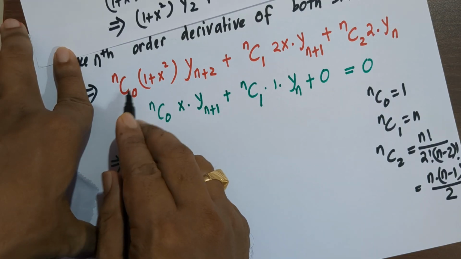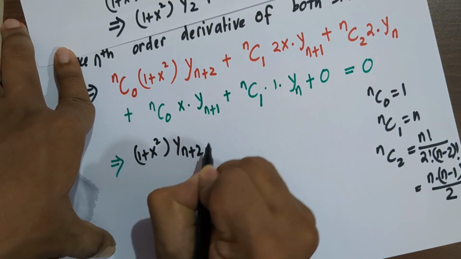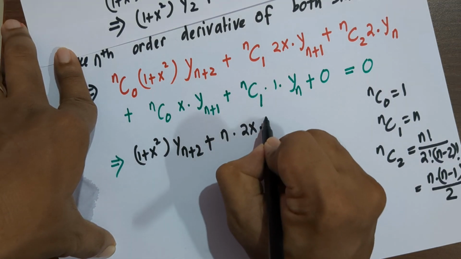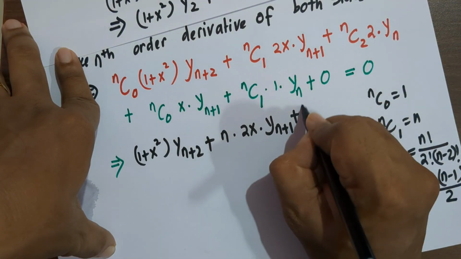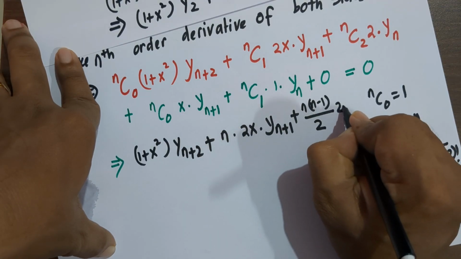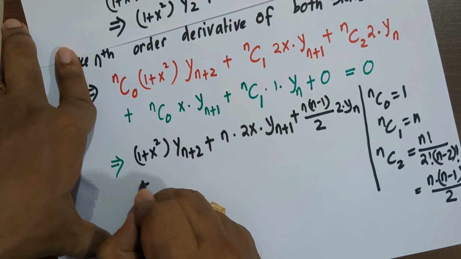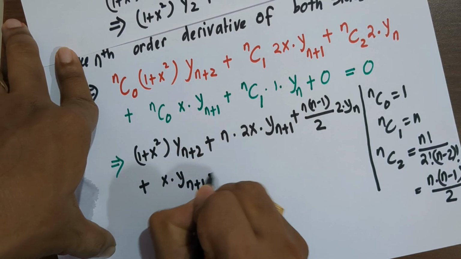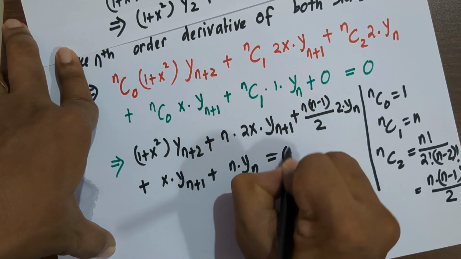Let's put in the values. nC0 is 1, and this becomes (1 plus x squared) y_(n+2). nC1 is n, so this is 2x y_(n+1). nC2 is n times (n minus 1) by 2, and 2 y_n, and for the second term this is 1, so x times y_(n+1). nC1 is n, so n y_n, which equals 0.